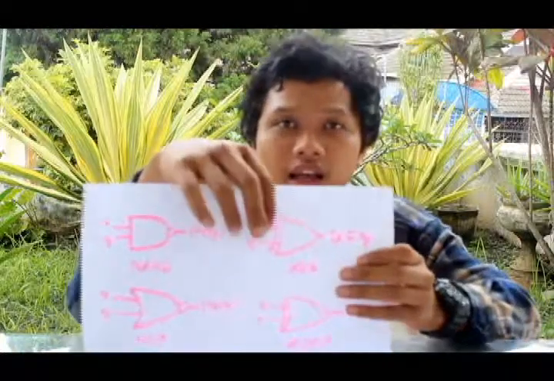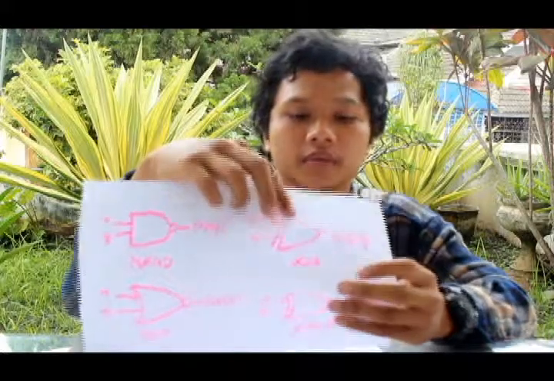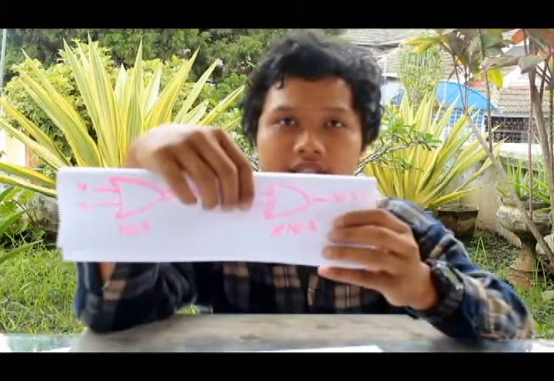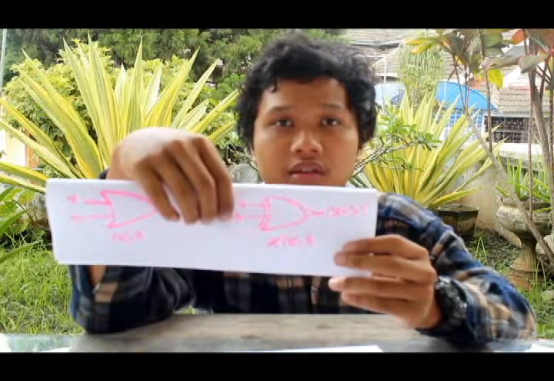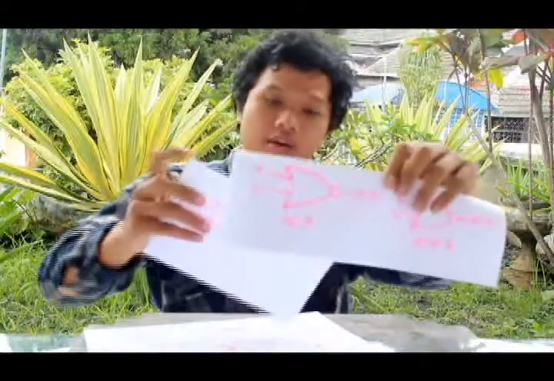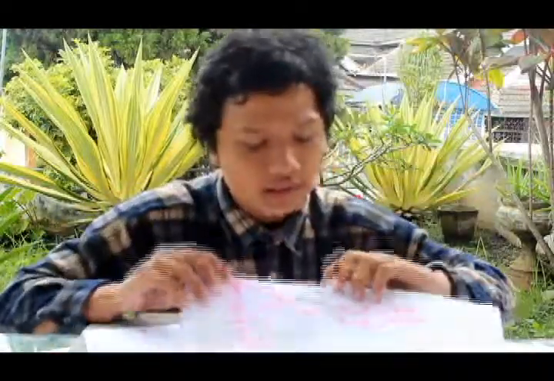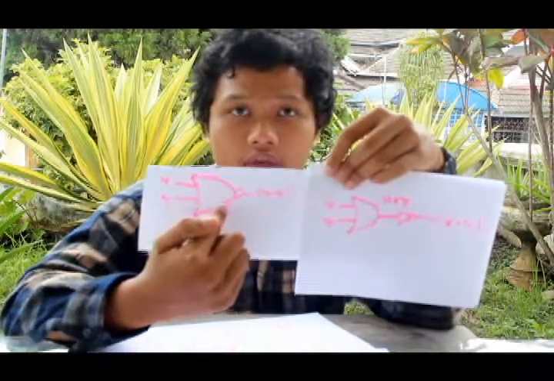This is the XOR derivative gate, and this is the derivative gate XNOR, and they have equivalents like this. Gate NOR has an equivalent with this. NOR is equivalent with this.